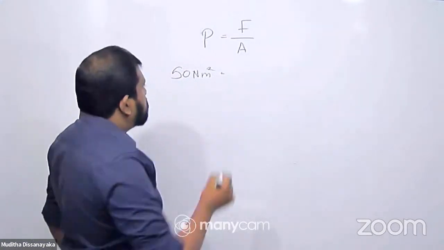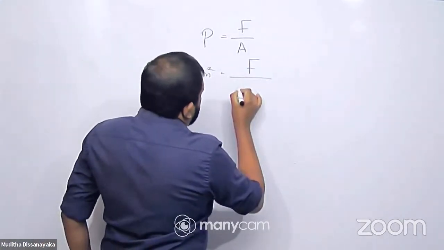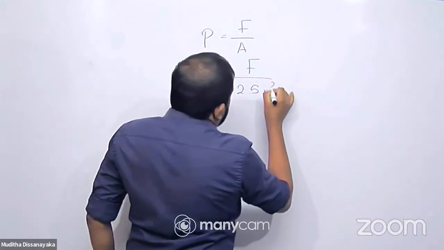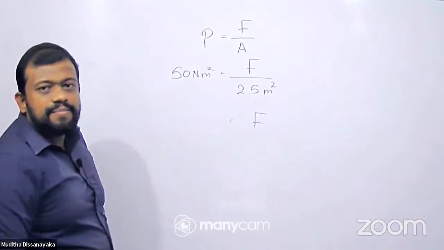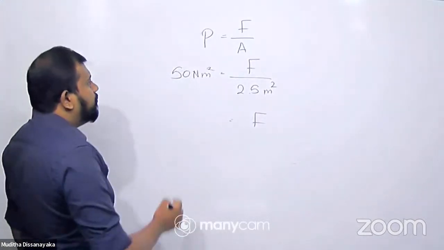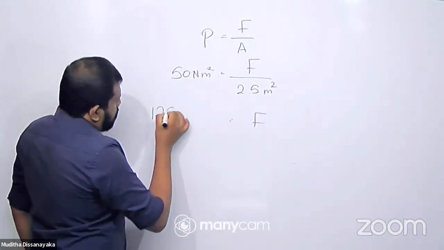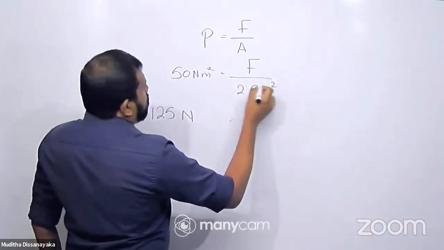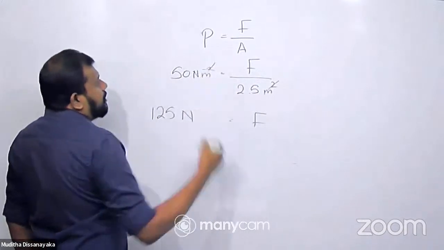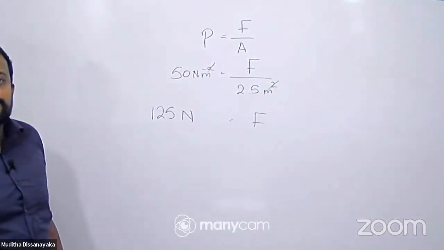Calculate the perpendicular force. F is the question, with area 2.5 m squared. F equals 50 times 2.5, that means 125 newton. This is cross multiplication, which is mathematics. When you cross multiply, m squared gets cancelled off for per m squared.